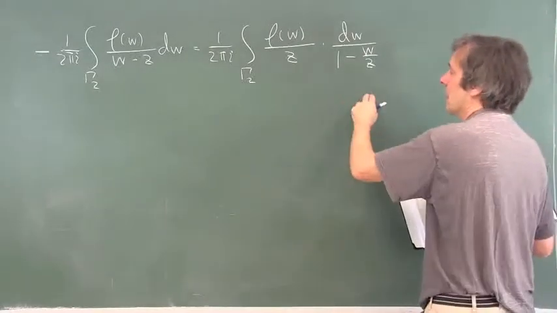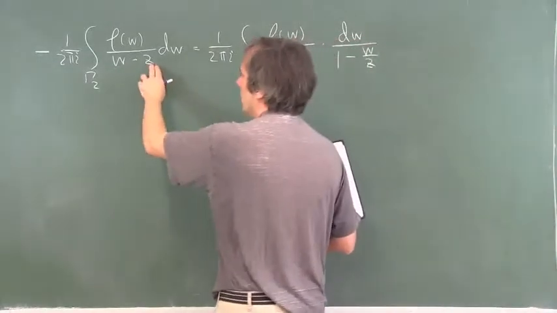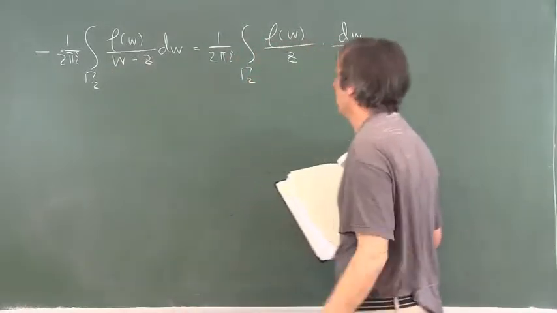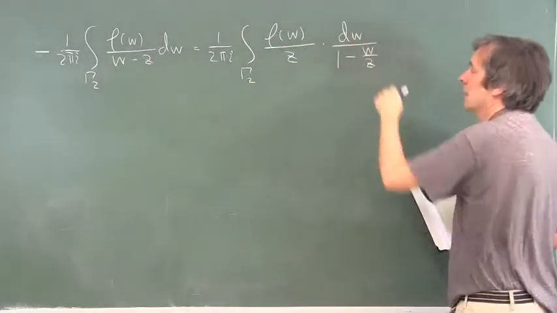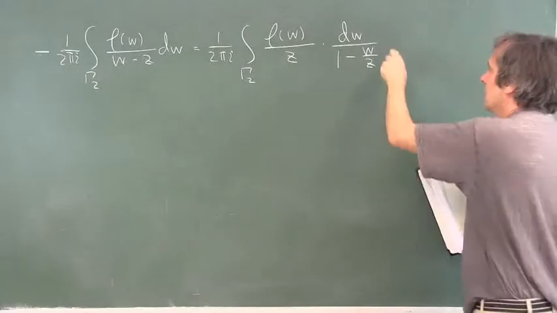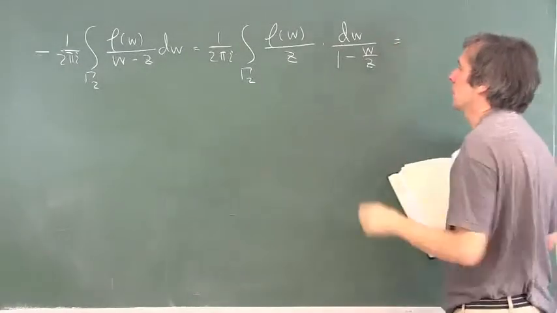And since now the absolute value of z in this formula is strictly larger than the absolute value of w, this can now be expanded in a convergent power series.